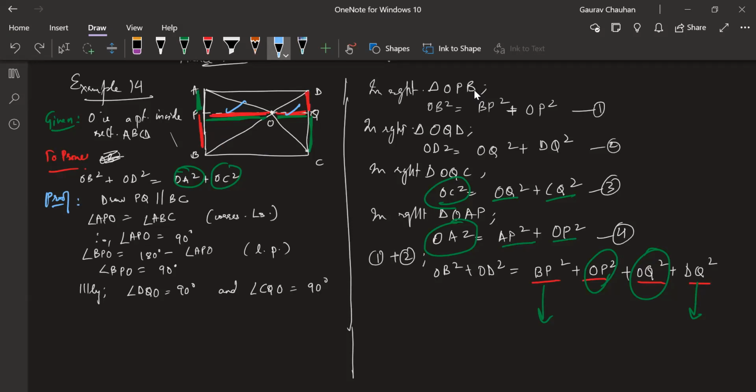Similarly this particular quadrilateral also has to be a rectangle, because adjacent interior angles are 90 degree. It's a definition which you've seen in class 9th ka quadrilaterals chapter, by definition of a rectangle.